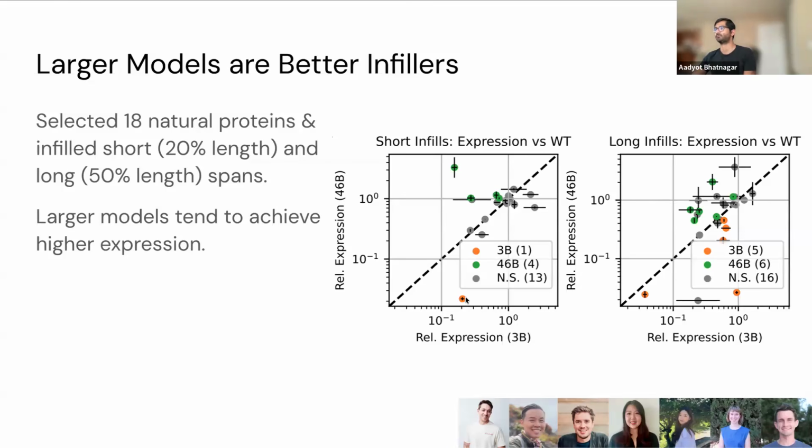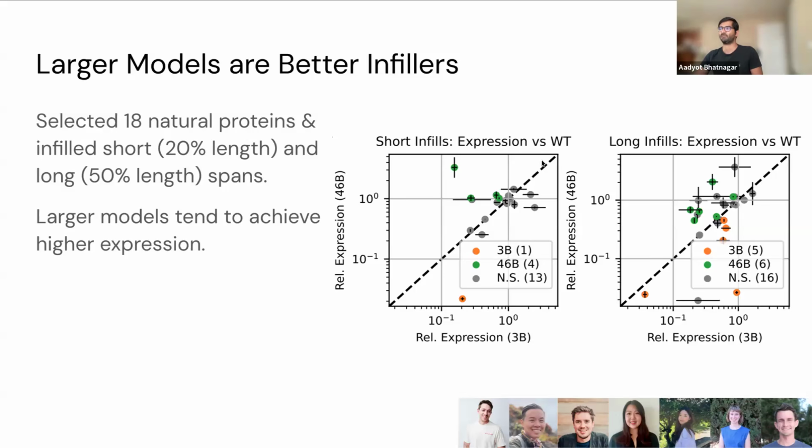And this is relative to the natural protein that was used as the seed for generation. And on the vertical axis is the relative expression of the 46 billion parameter model's generations. So anything in the top left is an infilling task where the larger model outperformed the smaller one, and the lower right half is where the smaller model outperformed the larger one.